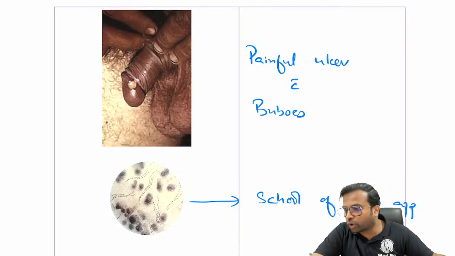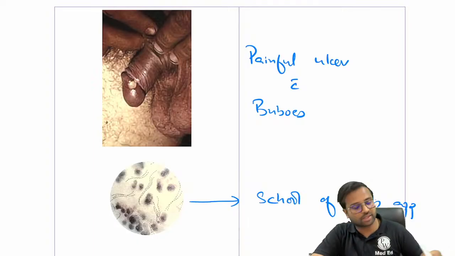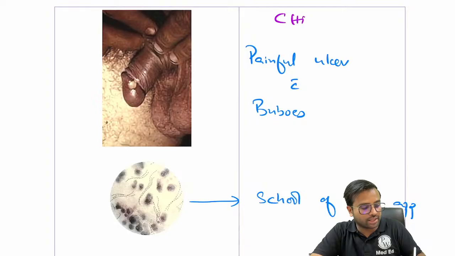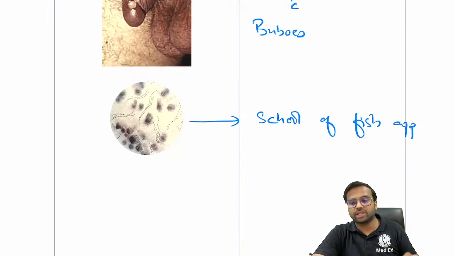So what is the answer? All of you, please let me know in the chat box what the answer is. Painful ulcer with a painful bubo and school of fish appearance. Yes, very good. So here the correct answer should be chancroid.